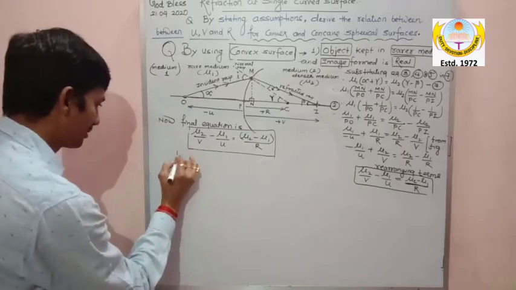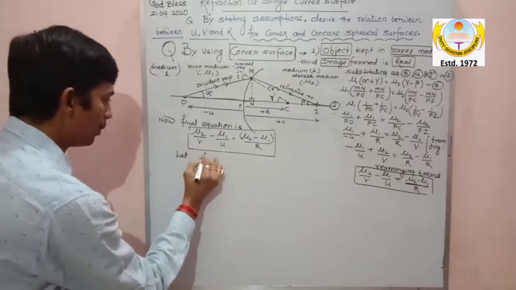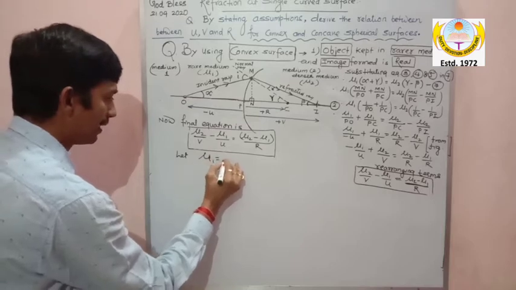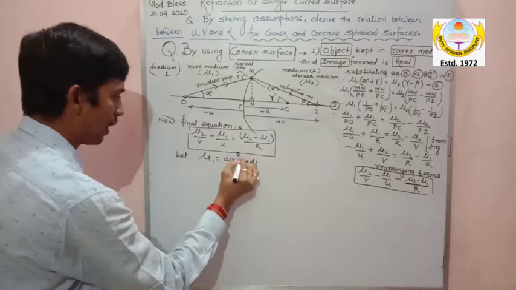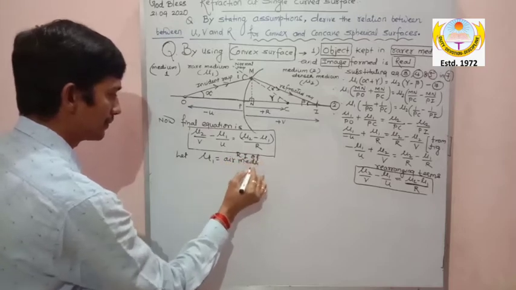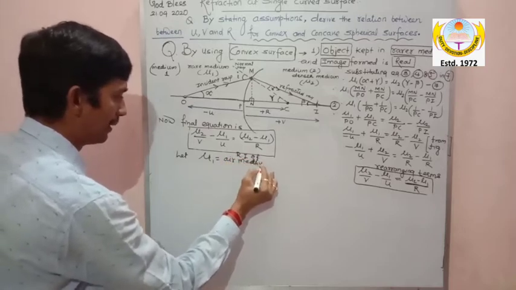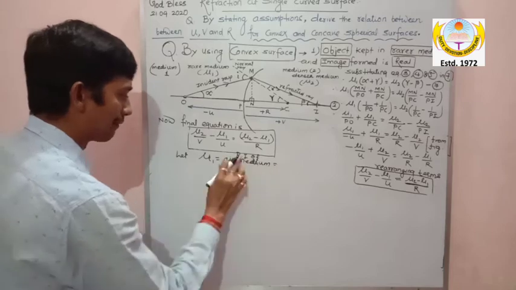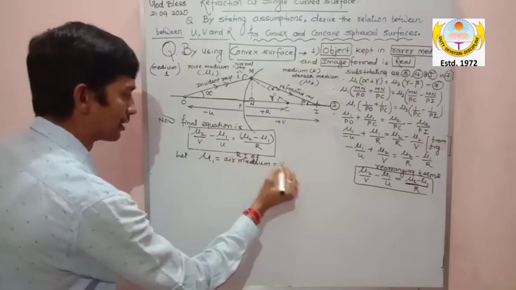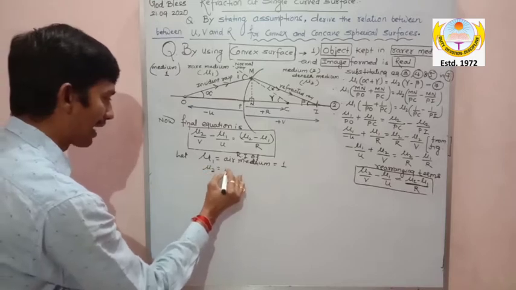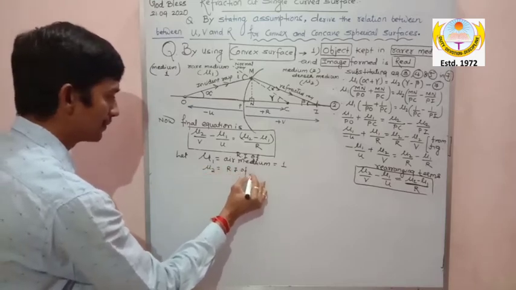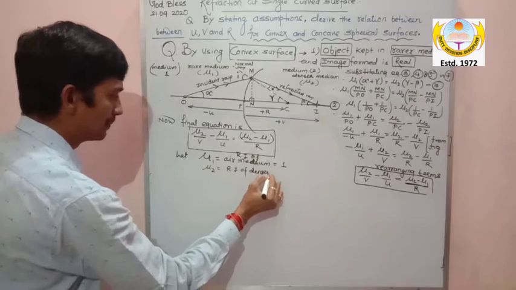Suppose mu1 is the air medium. So the refractive index of the air medium is 1. And mu2 is the refractive index of the denser medium.